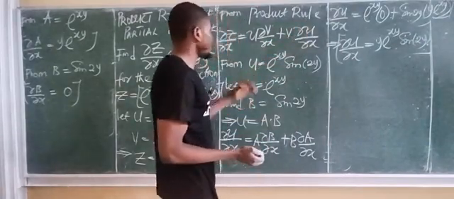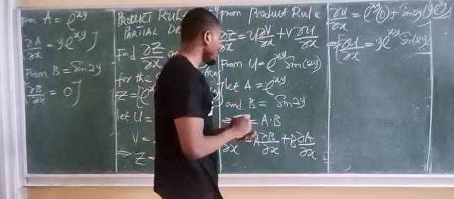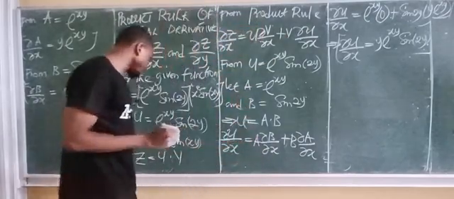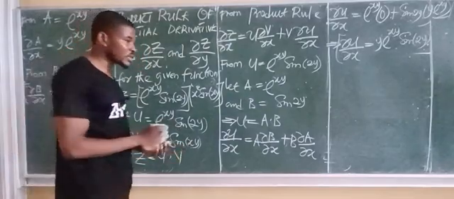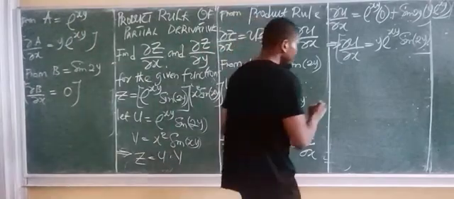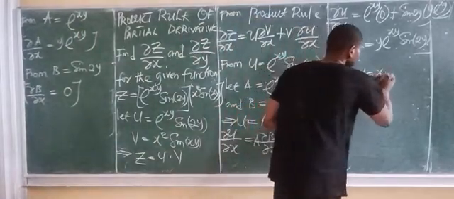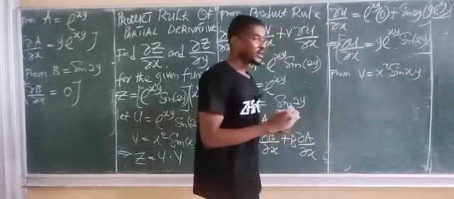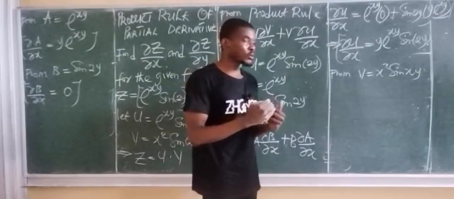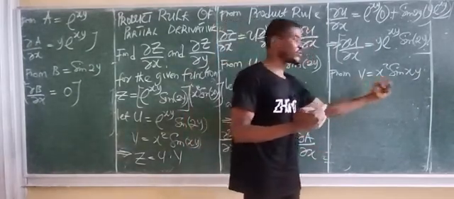Next up now is to find partial v, partial x. That's the next thing we have to do. So from v, we said let v be equal to x squared sine xy. Again, this is also what? A multiple of two functions. We have x squared multiplying sine xy.